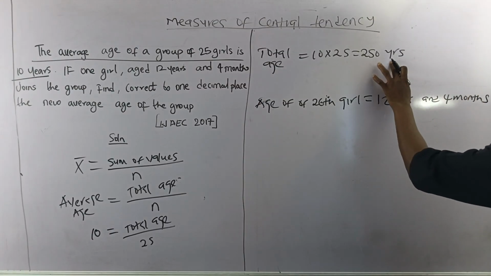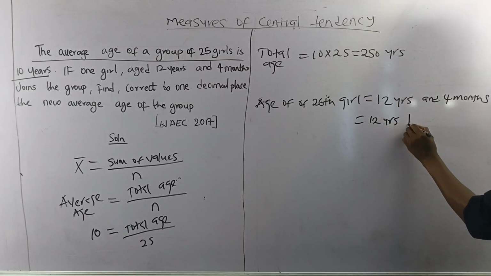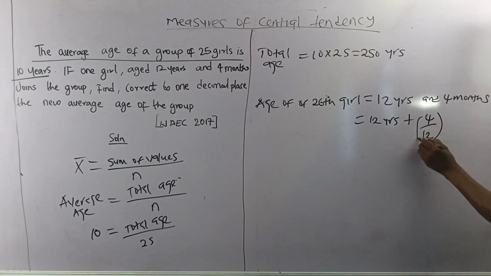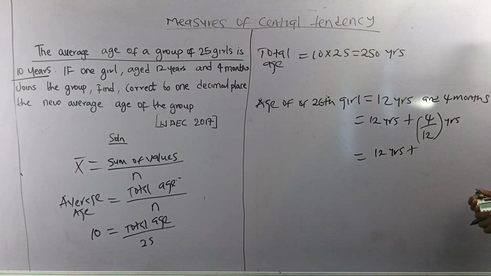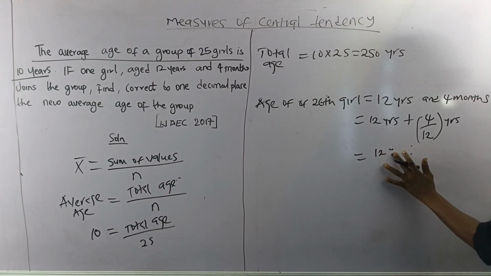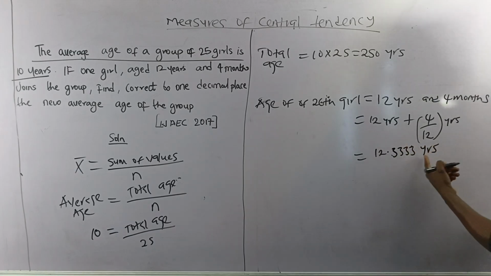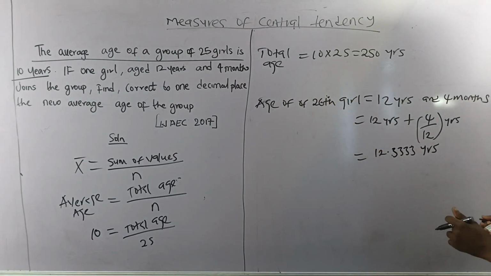All these are already in years, so I'll convert these months to years. 12 months make a year, so I have 12 years plus 4 over 12 years. This will give me 12 years plus 4 divided by 12, which is 0.333, so I have 12.3333 years for the age of the 26th girl who gets added.